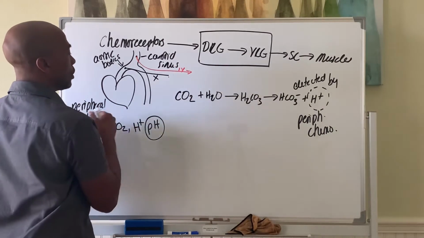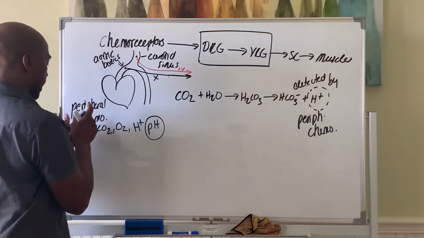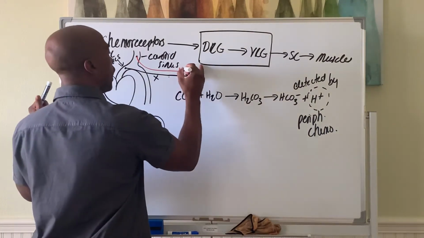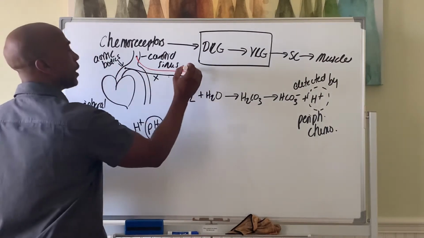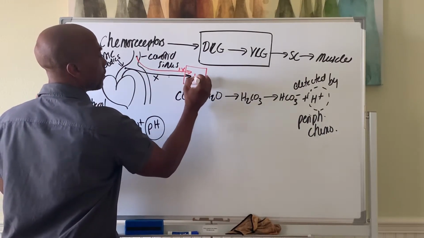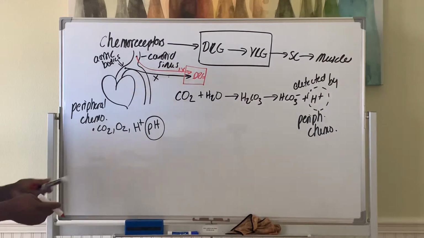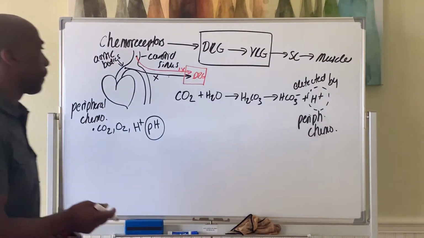So nerve 10, the vagus nerve, and nerve 9 will relay the information about what's going on with the chemoreceptors to, again, your DRG. That's how it gets it. And then the DRG does its part.